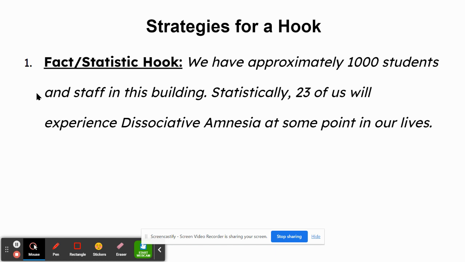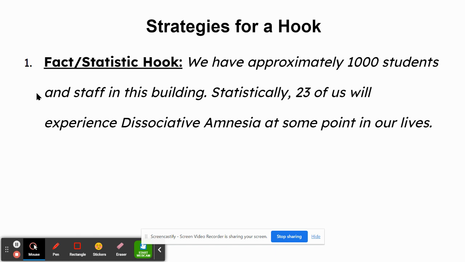In this case, I found that 1% of men or people assigned male at birth would suffer from a dissociative amnesia event in their lifetimes. 2.6% of women or people assigned female at birth would do the same.